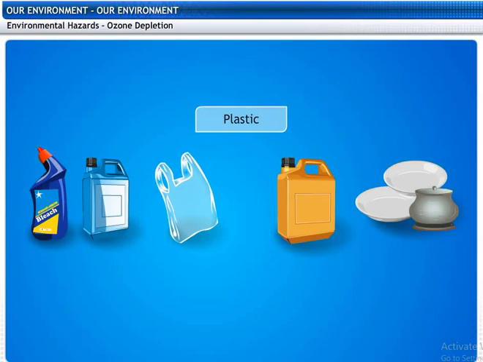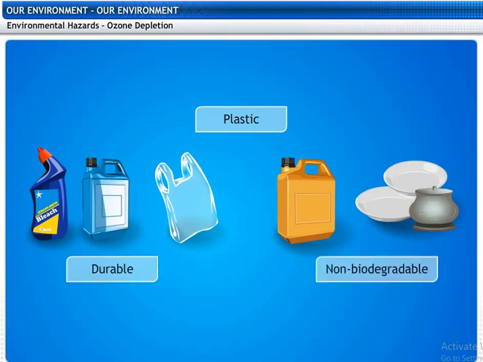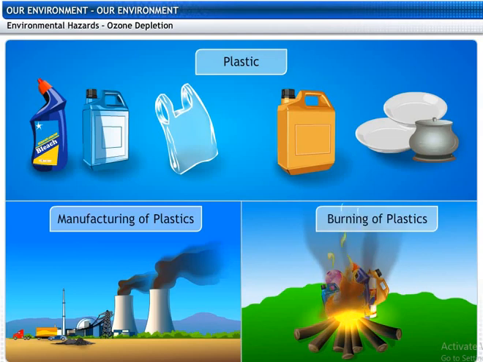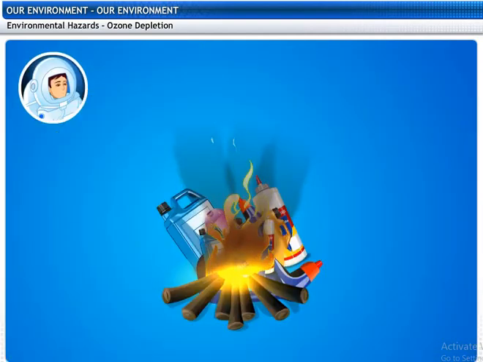Though pure plastics have generally low toxicity and would pass through the digestive system without much ill effects, they are durable and non-biodegradable. But the manufacturing and burning of plastics can release toxic gases. Oh, I see. So plastics stay in the Earth's crust for a long time.